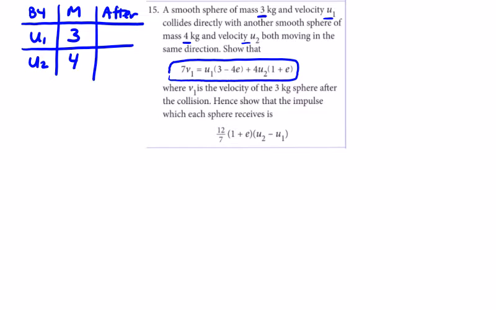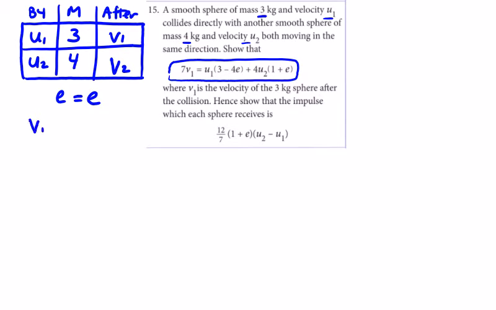Afterwards we're told 7v1, so we'll give this one v1, and the second one we don't have anything for, we'll call it v2. Let's see where we get here, but we need things in terms of v1. So we don't have e, so e is equal to e.